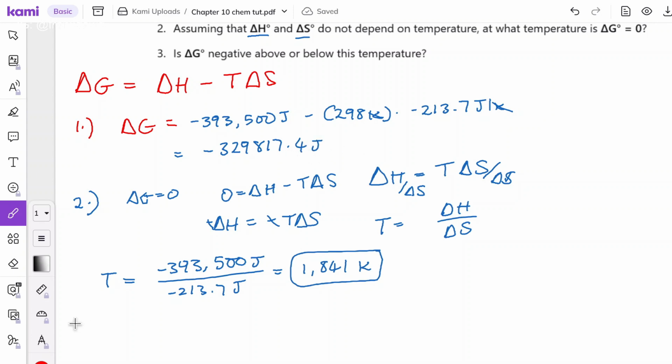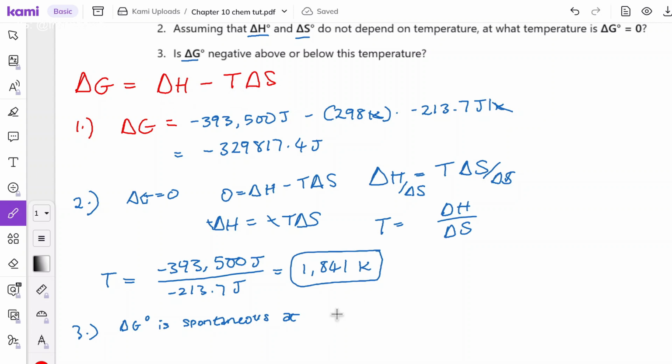And now the final question, the third question: is the delta G negative below or above this temperature? So there are two different ways of doing this problem. We can do this the fast way by using what we know, where delta G is negative, so it's spontaneous. If we use this equation again, this number is going to be negative if this one's negative and this one's positive.